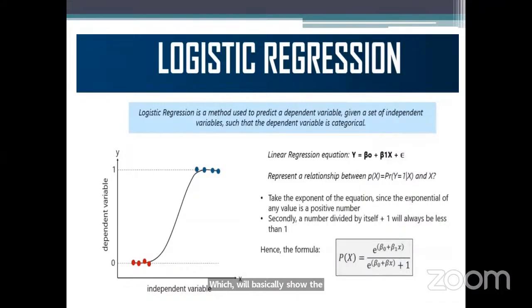Maybe the output will be 0.7 or 0.5, which is a probability value. If it is 0.7, it means that your outcome is basically 1. So that's why we have this sigmoid curve.